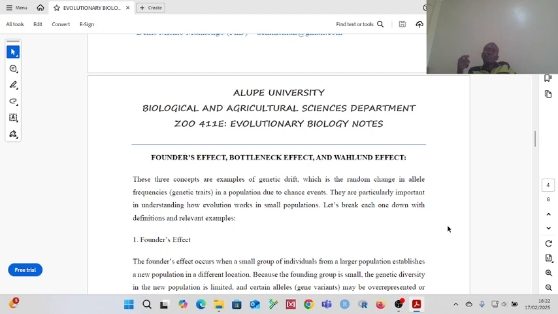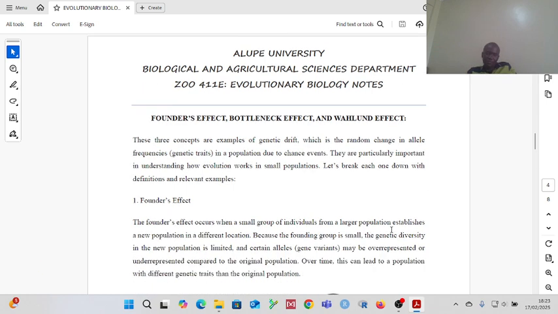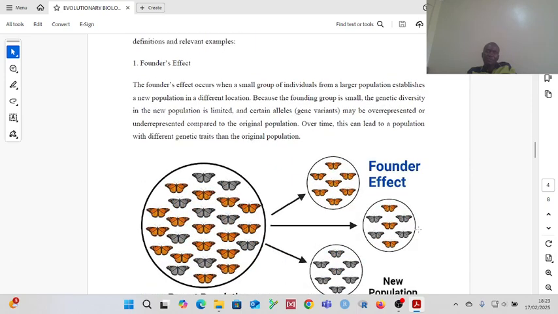Because they are concepts of genetic drift, and genetic drift impacts smaller populations more, these three will help us understand how evolution works in small populations. So let's break each of these three concepts down, and we'll begin with the founder effect.